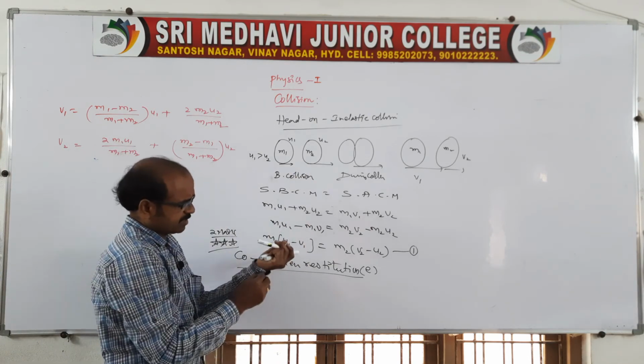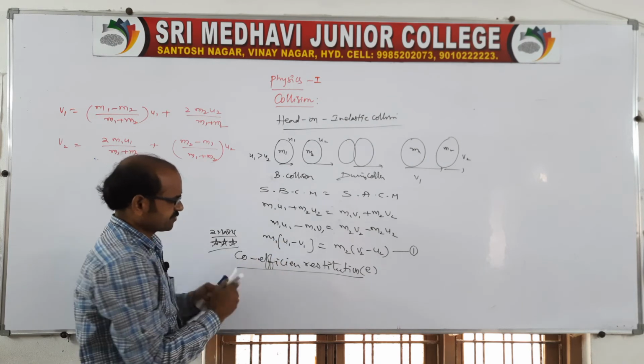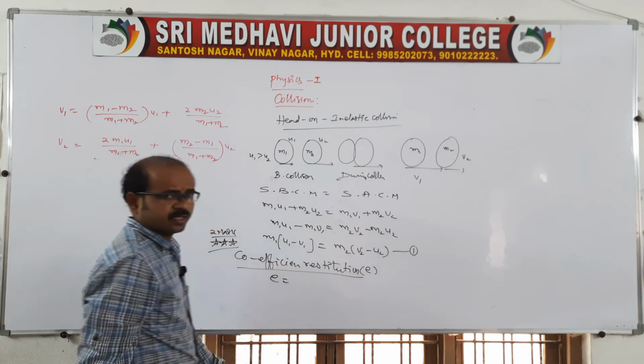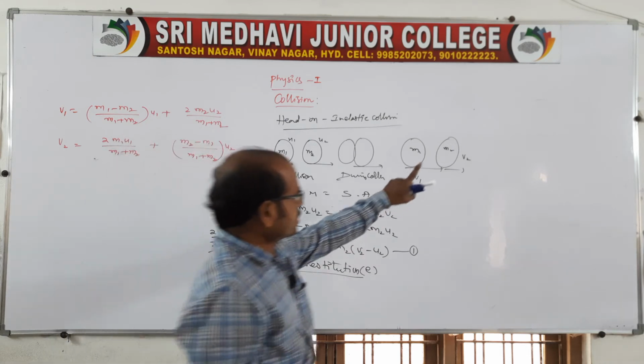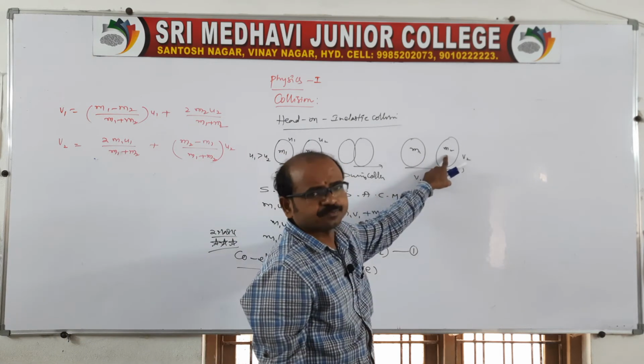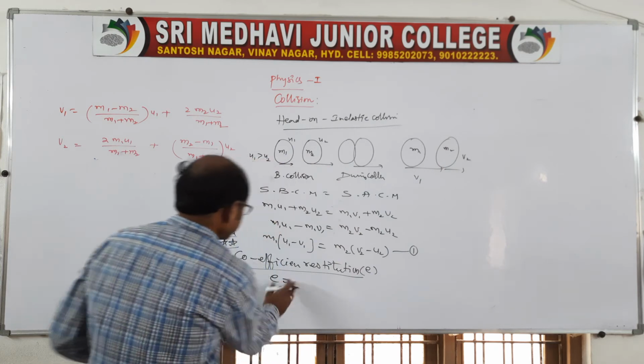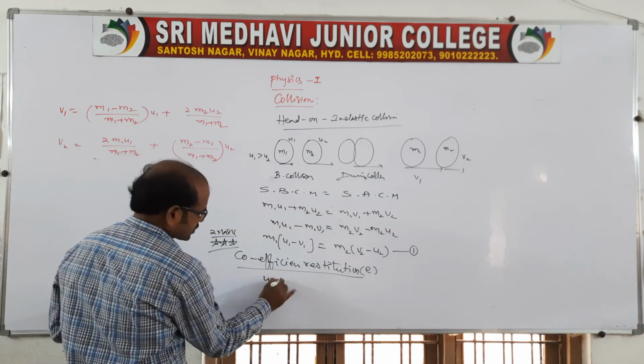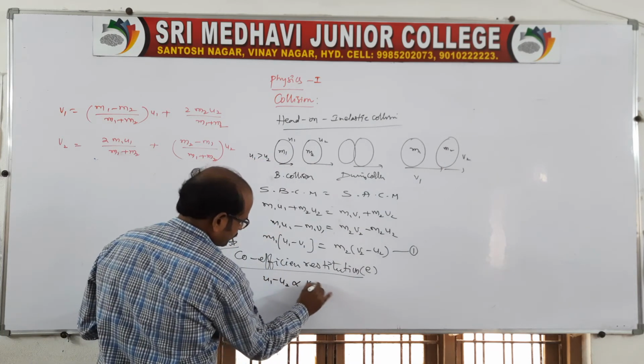What we can say the statement will be: coefficient of restitution is defined as the ratio of relative velocity of separation. Or we can say like this, u1 minus u2 is directly proportional to v2 minus v1.